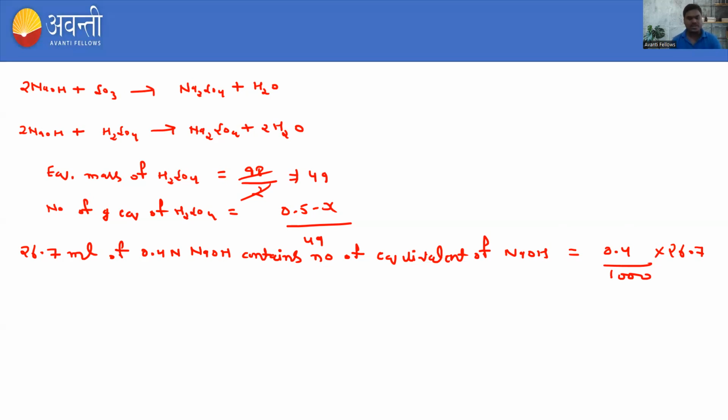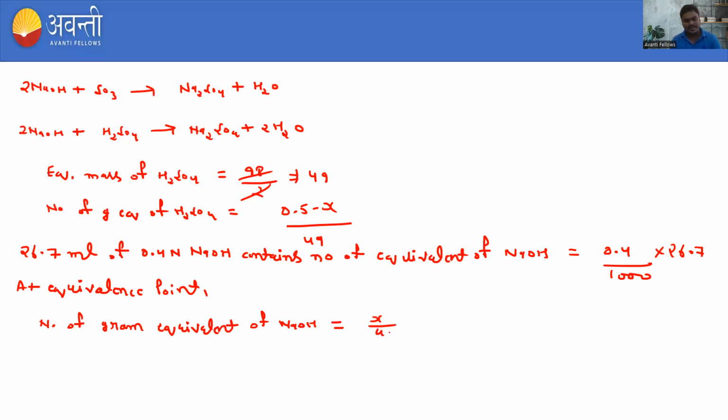Now, a very important point: at the equivalence point, the number of gram equivalents of NaOH is nothing but the first one, x by 40, and the next one, 0.5 minus x divided by 49.